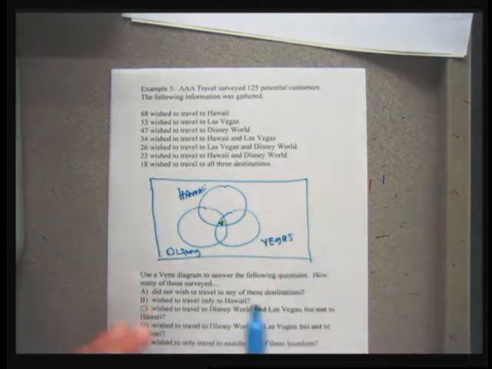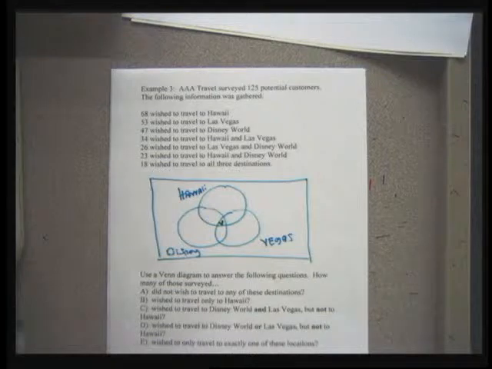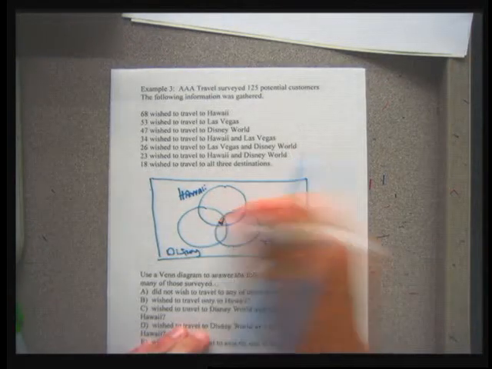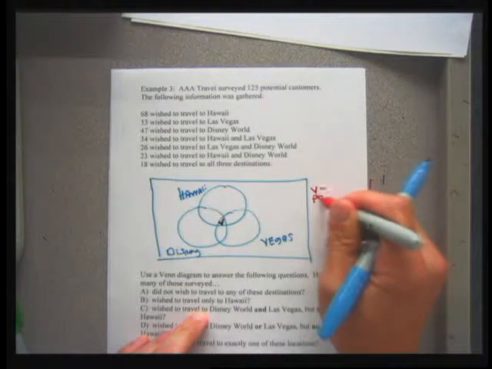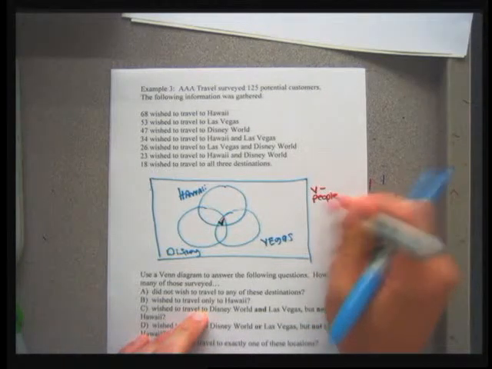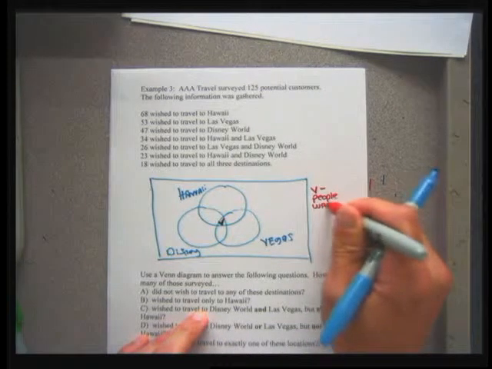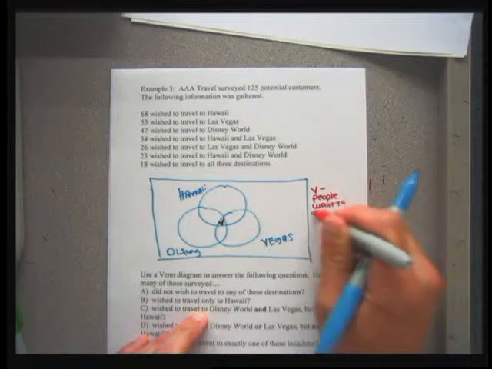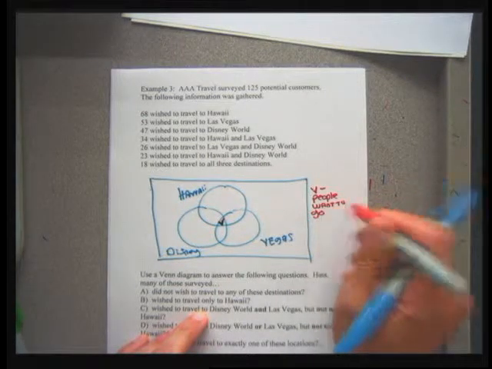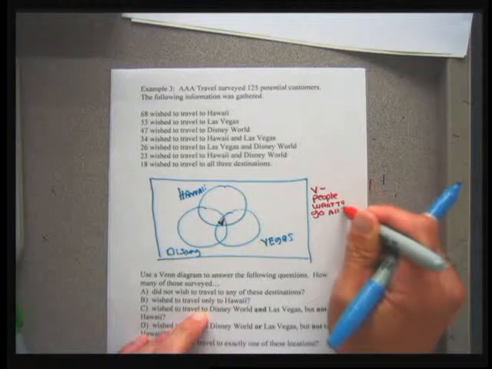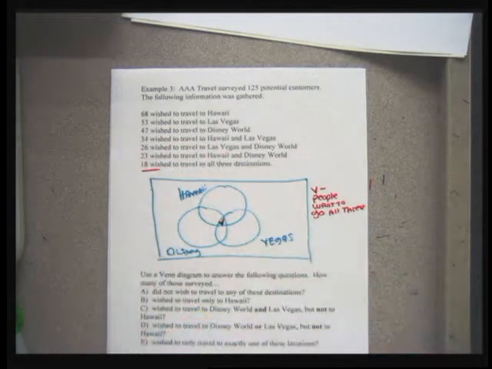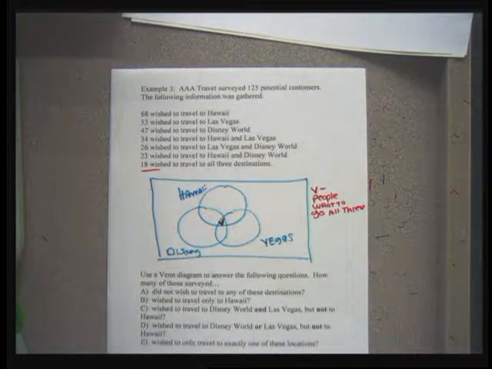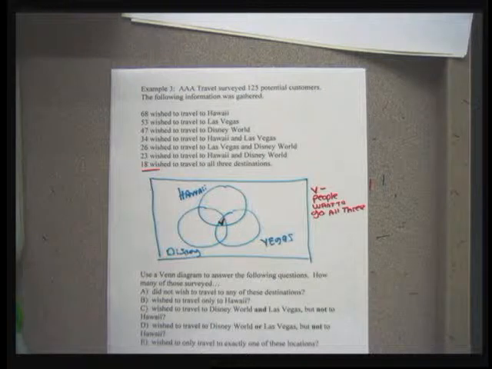And this region 5 represents people that want to go to all 3. It's the only number that I know. It's 18. Every other region that's marked isn't a region that I necessarily know.